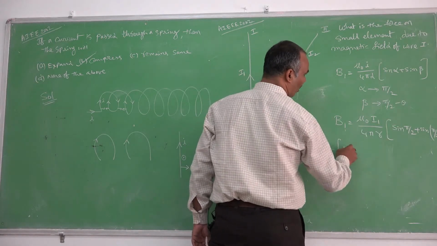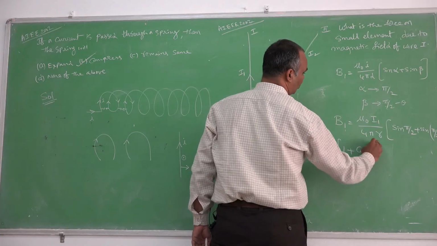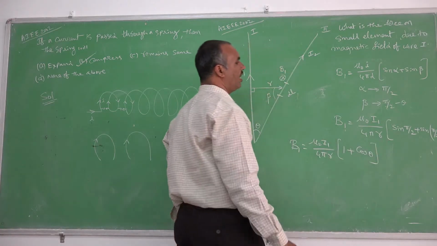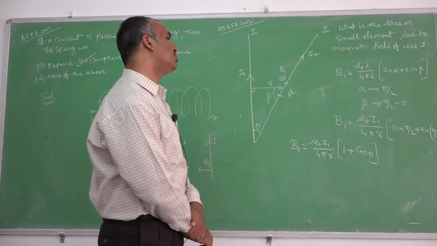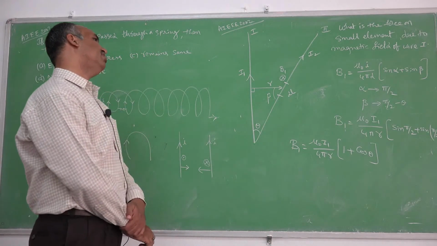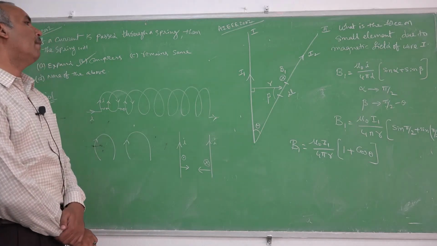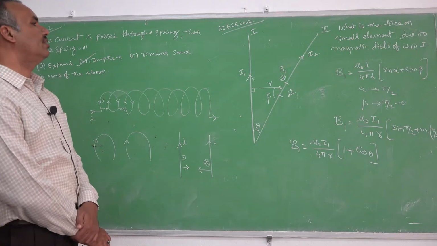Sin 90 is 1. Sin (90 minus theta) is cos theta. So this is the strength of the magnetic field due to a straight wire at a distance r from it.